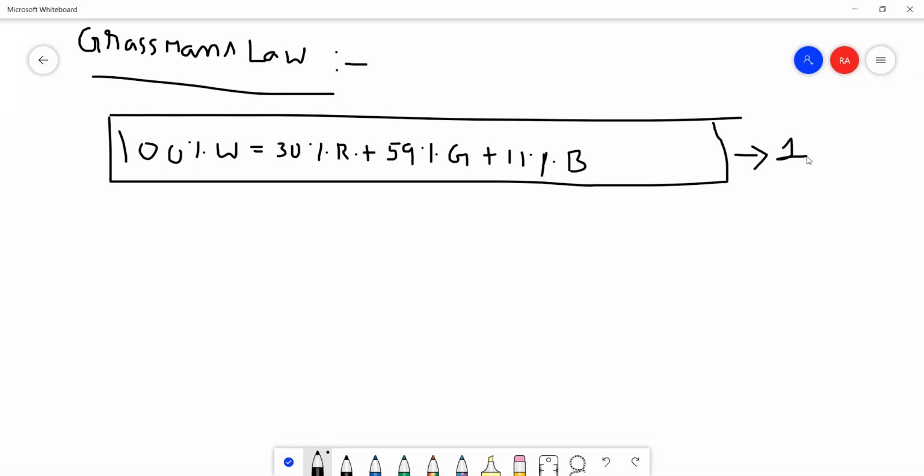Similarly, yellow can be produced by mixing 30% red and 59% green. So how to form the yellow color? It is a simple topic: additive color mixing to create the colors for our TV raster screen.